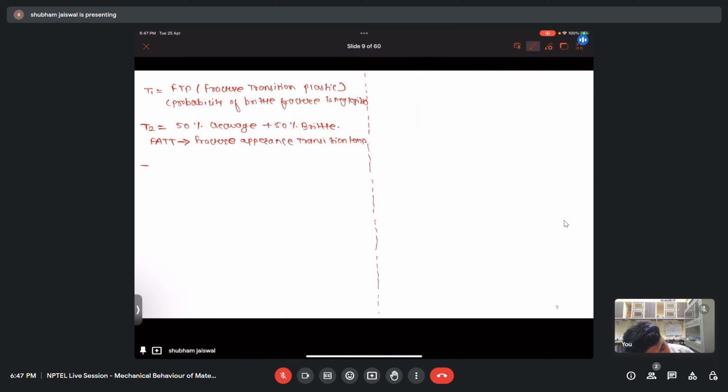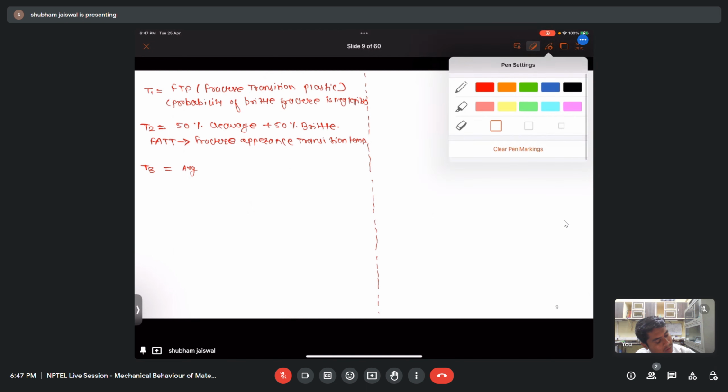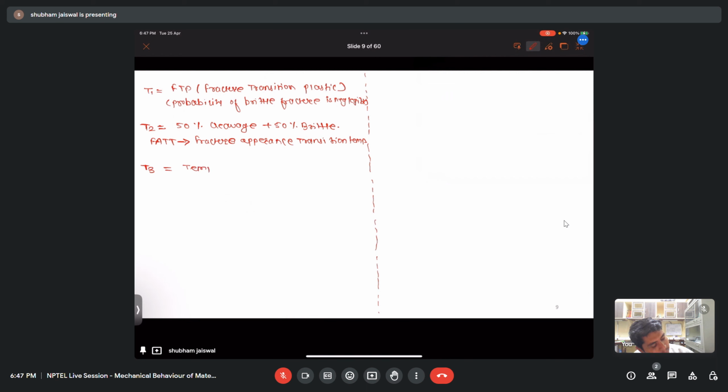And we have the next temperature, T3, which is the average temperature of the upper and lower shelf.